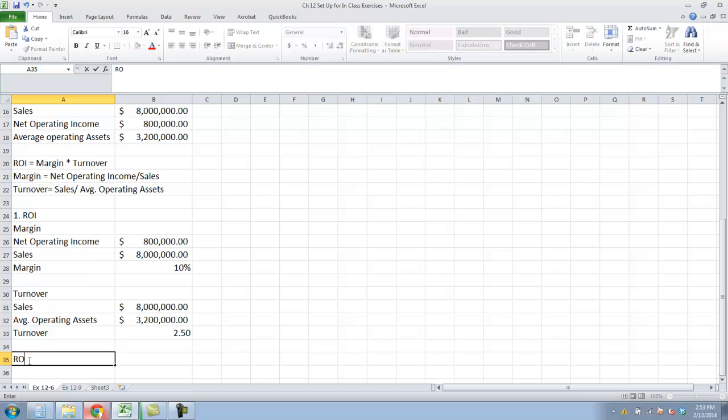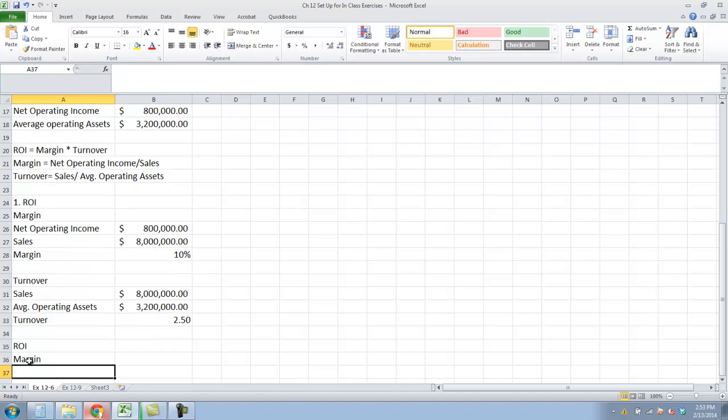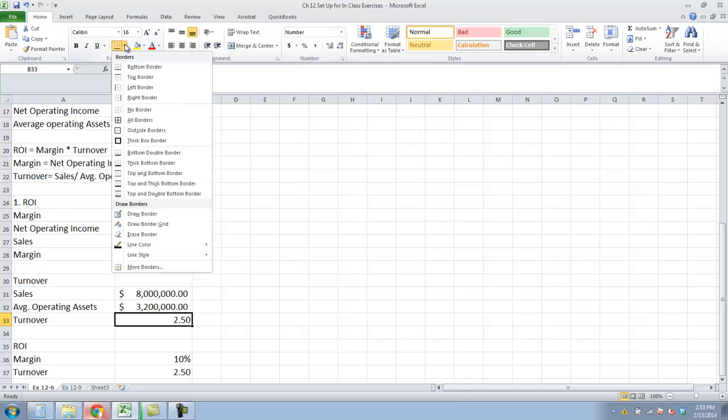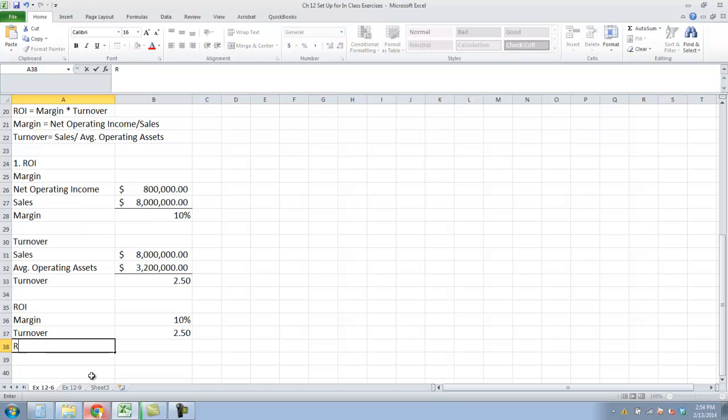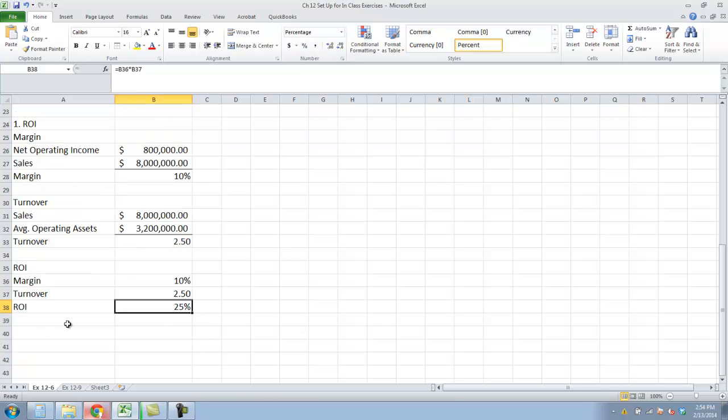So our ROI equals margin times turnover. Let me make little lines here for you so you know where I make calculations. ROI, this times this, or our return on investment is 25%.